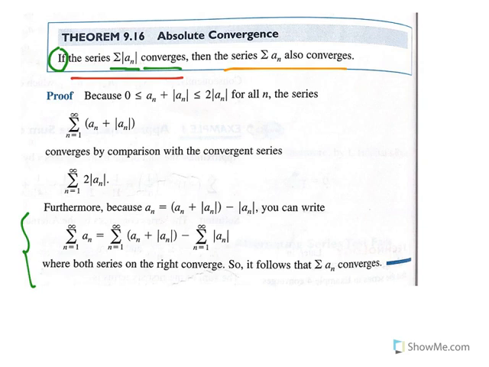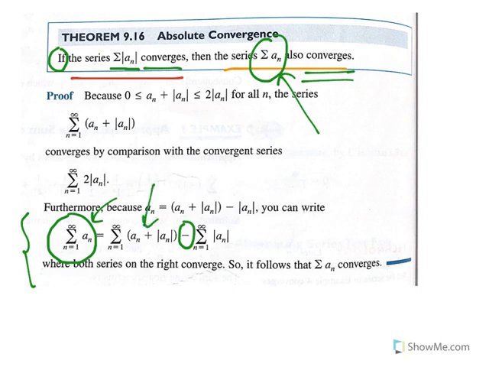If you look at the end of the proof, you can see that we're saying something about the series that we're trying to show converges. And we are saying that the series that we're trying to argue must converge can be written as a difference of two other series. And if we can show that these two other series must converge, then by Theorem 9.7, the series that we're trying to prove converges must also converge.